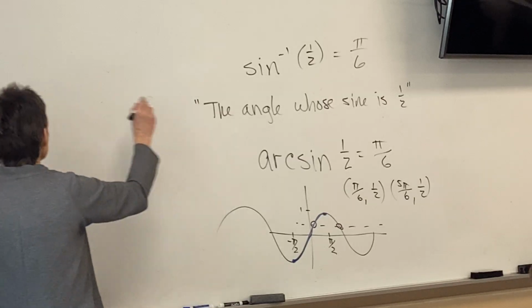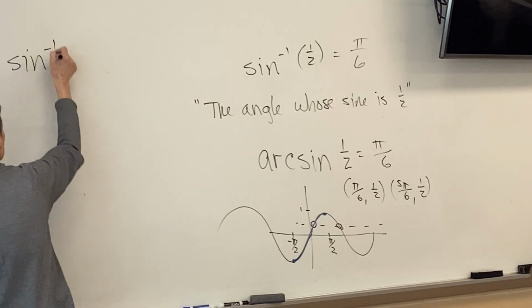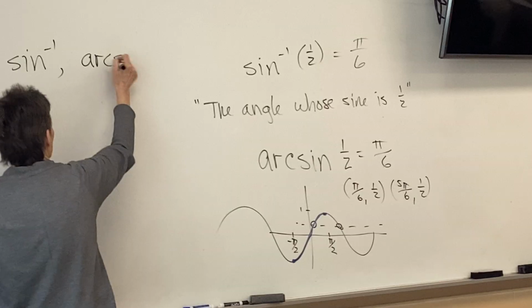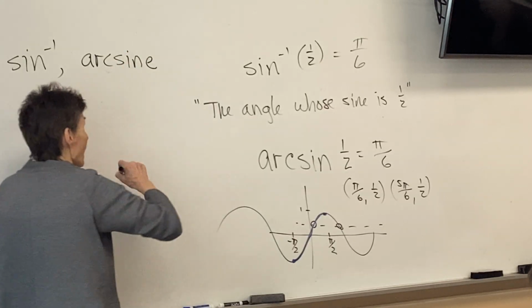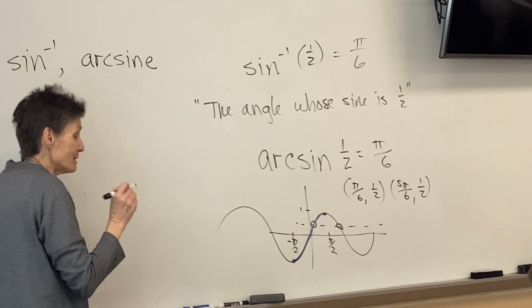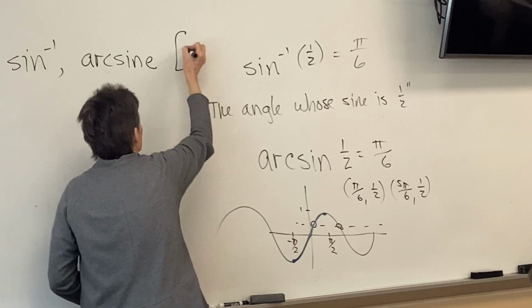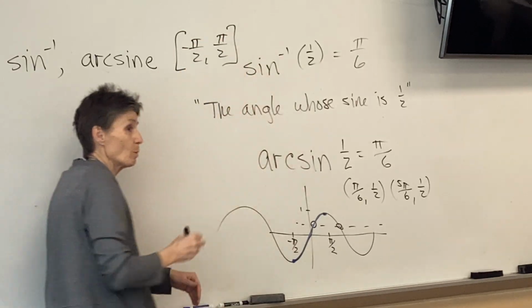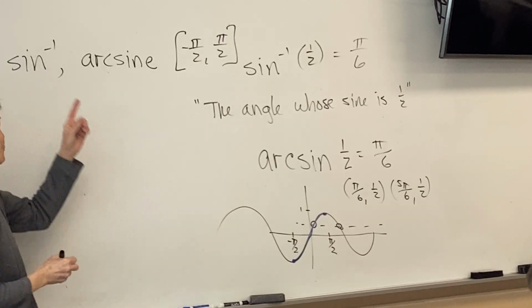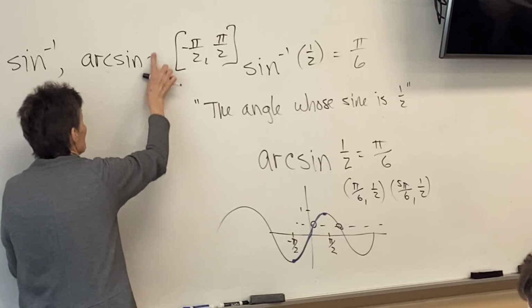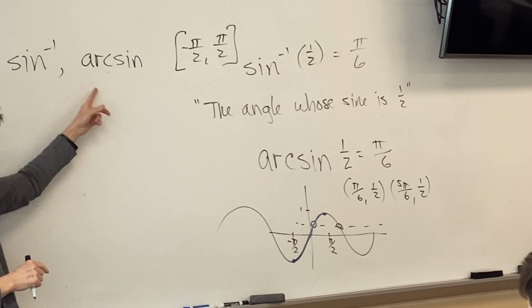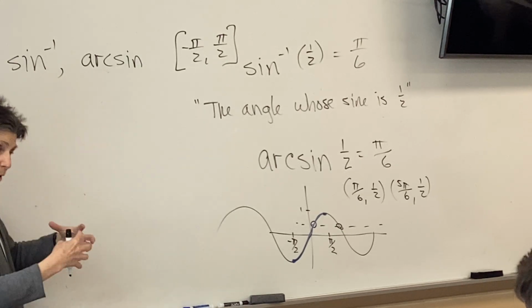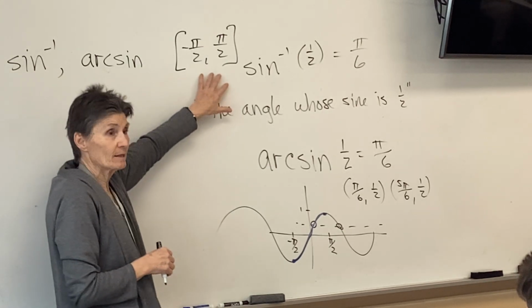So whenever I see either this notation or my arc sine notation, I am limited to negative pi over 2 to pi over 2. So in other words, when you answer a question using either one of these, whatever you write down has to fall in that interval.